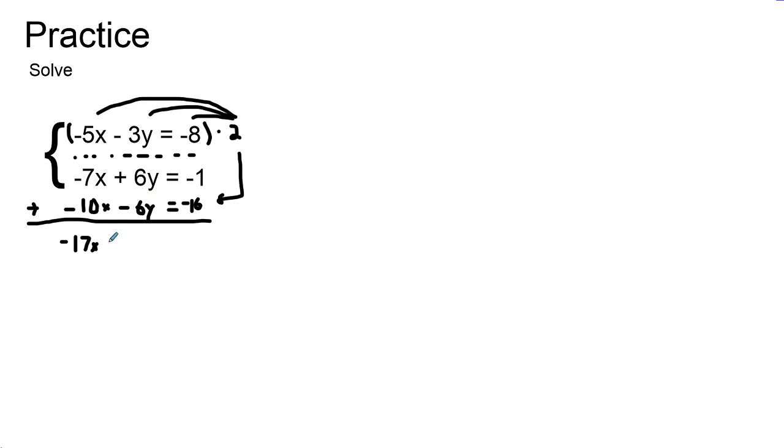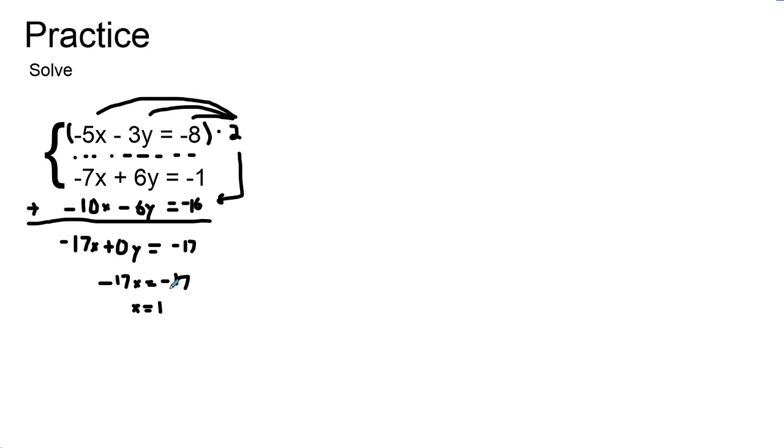And then these are going to cancel, so I get 0y, which is exactly what I want. It's the elimination method. And negative 1 plus negative 16 is negative 17. So with that, I get negative 17x equals negative 17. If I divide both sides by negative 17, I get x equals 1.